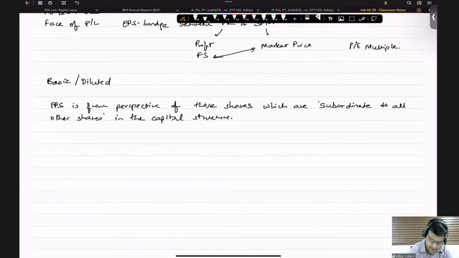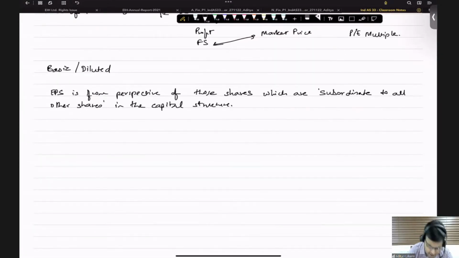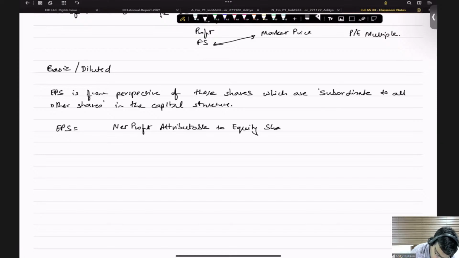So the basic formula that we have for EPS, all of us know EPS is nothing but net profit attributable to equity shareholders divided by, can somebody help me with the denominator?